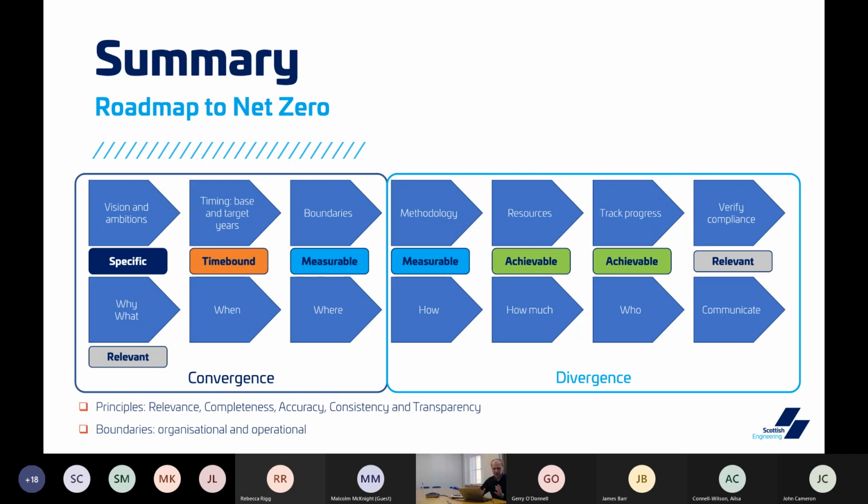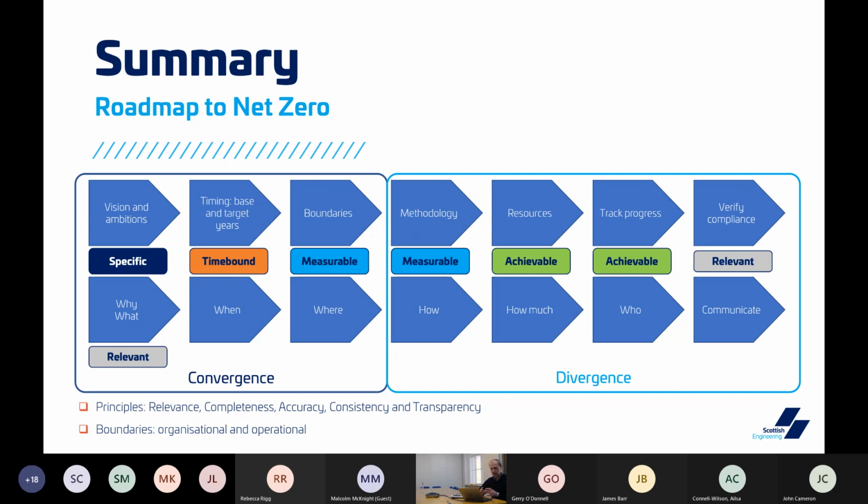And you look at the boundaries, the organizational boundaries especially, and that makes it measurable, that's a where. And the interesting piece is that for these, all standards converge. So as long as you do that piece, then it'll apply regardless of the road you decide to take after that. On the principles and the boundaries, all the standards converge. That's the convergence bit. And then that's where they start to diverge.